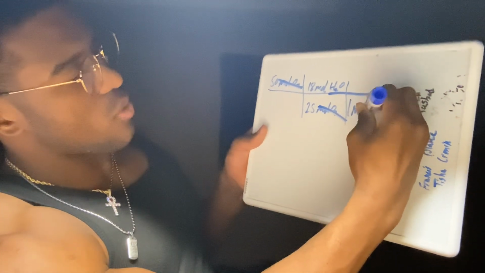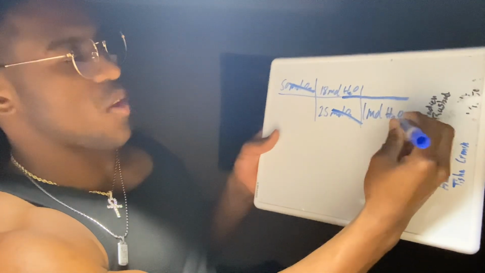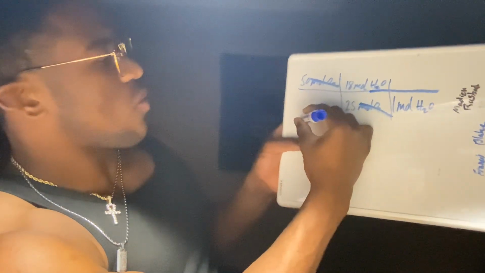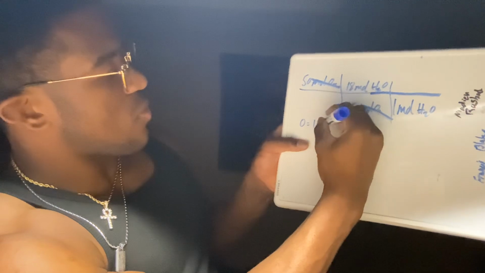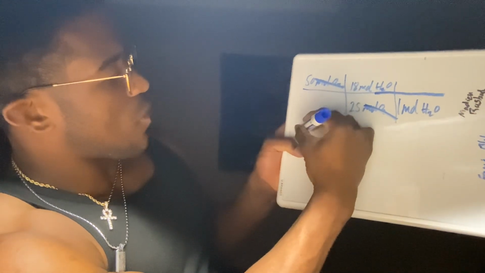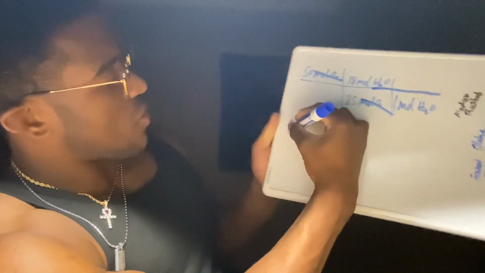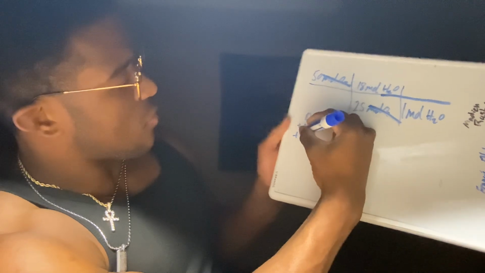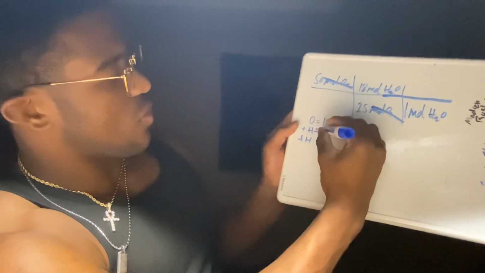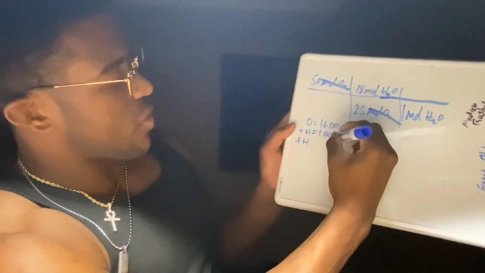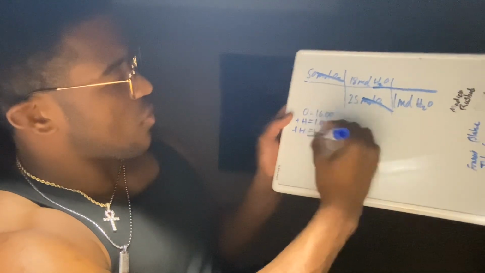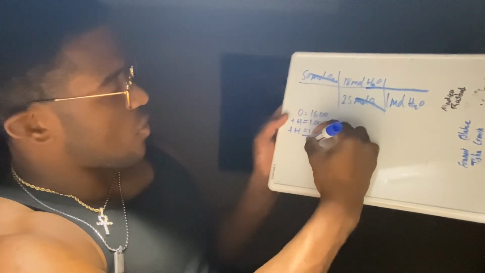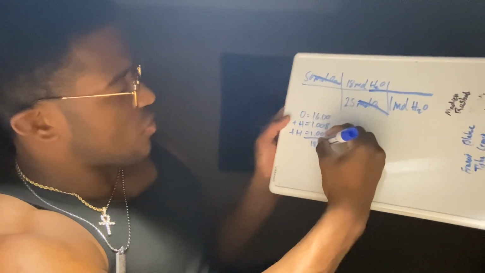of H2O, and now we have to calculate this. So O is equal to 16. We're adding an H, adding another H, which is equal to 1.008, 1.008, so we get 18.016.